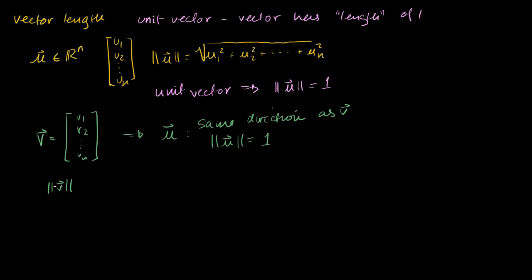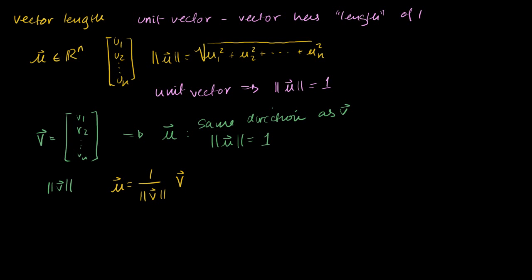And what happens if I figure out the length of v, and then I multiply the vector v times that? So what if I say u is equal to 1 over the length of v, times v itself? What happens here?